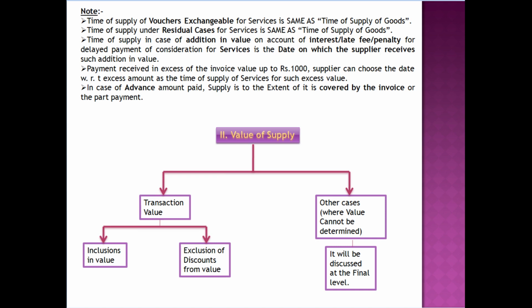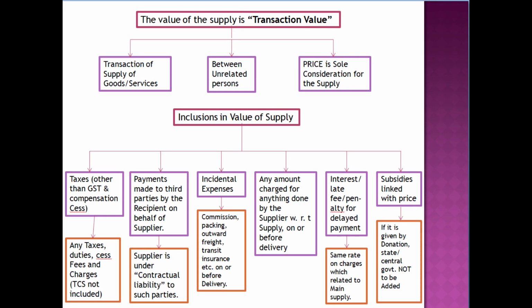The value of supply is treated as the transaction value only if it satisfies three conditions. They are supply of goods or services, the second one is supply between unrelated persons, and the last one is price is the sole consideration for the supply. If it satisfies the three conditions, the value of supply will be the transaction value.